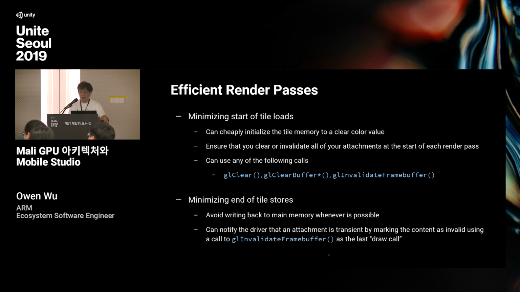Third, minimize the store to the frame buffer at the end of the render pass. So avoid writing back to main memory whenever possible. You can notify the driver that an attachment is actually transient by marking the content as invalid using a call to glInvalidateFramebuffer as the last draw call.